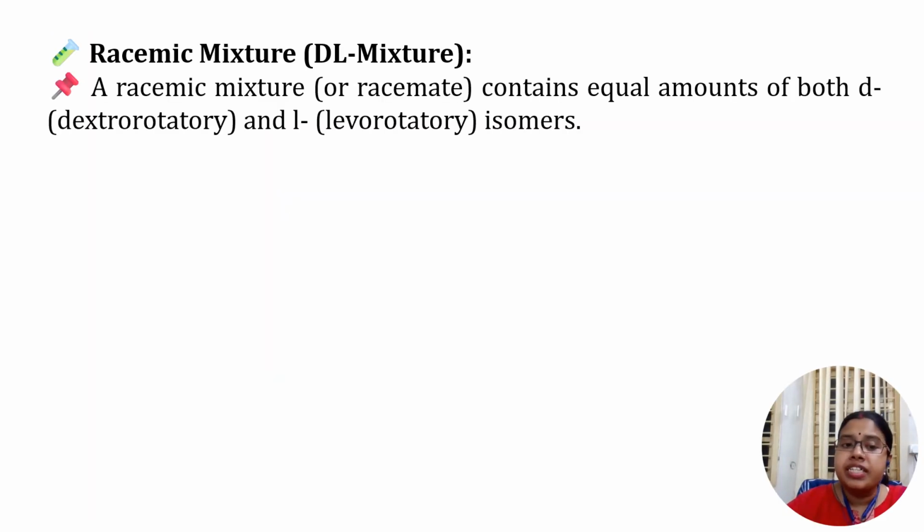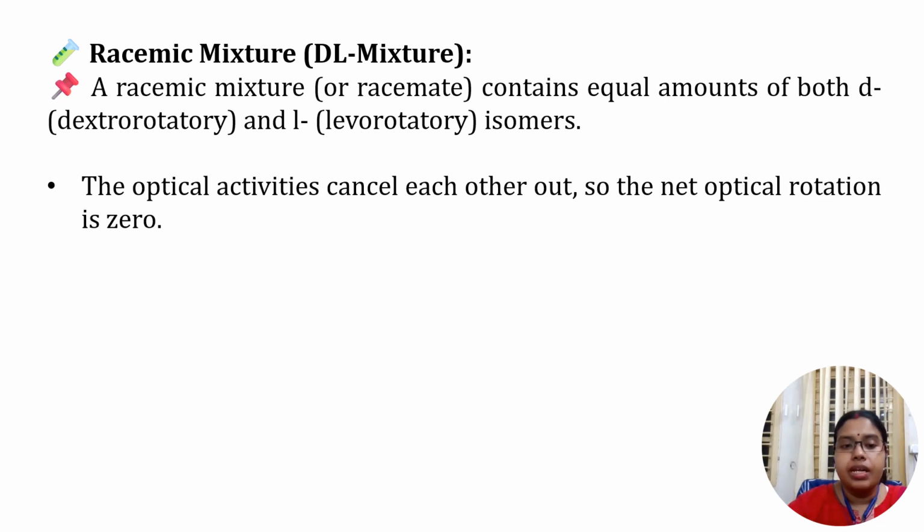What is a racemic mixture? A racemic mixture means that if it contains equal amounts of the dextrorotatory and levorotatory isomers, then it is known as a racemic mixture. The optical activities cancel each other, so the net optical rotation is 0. The dextrorotatory isomer has an optical activity, and the levorotatory isomer also has an optical activity.